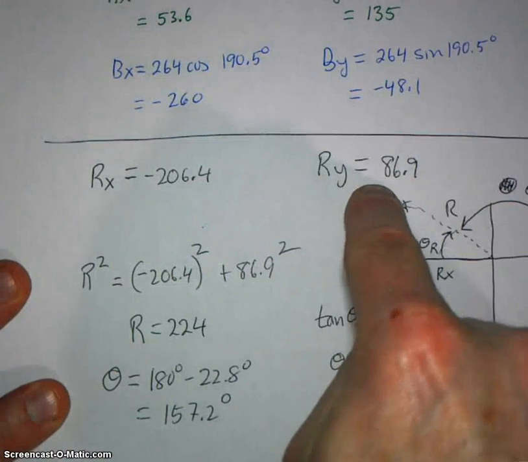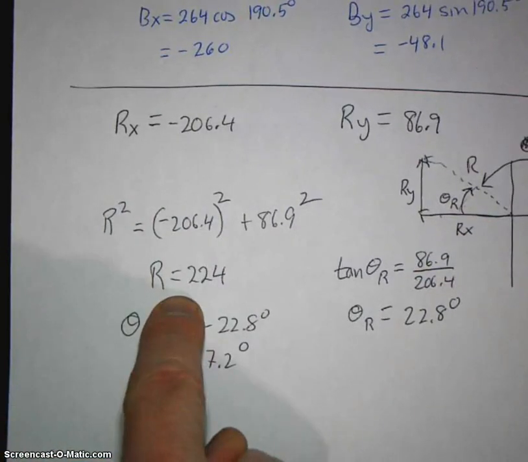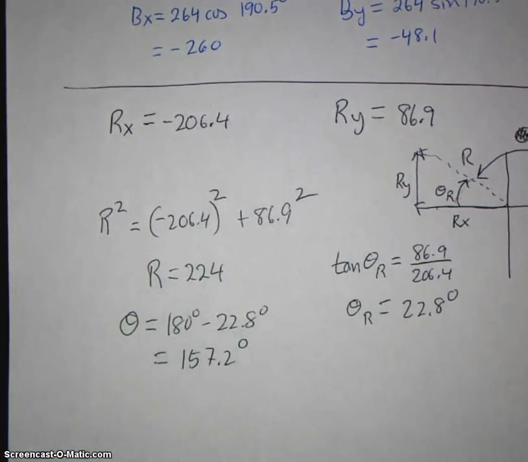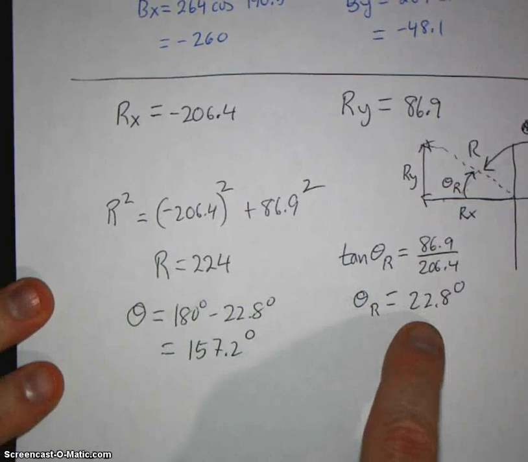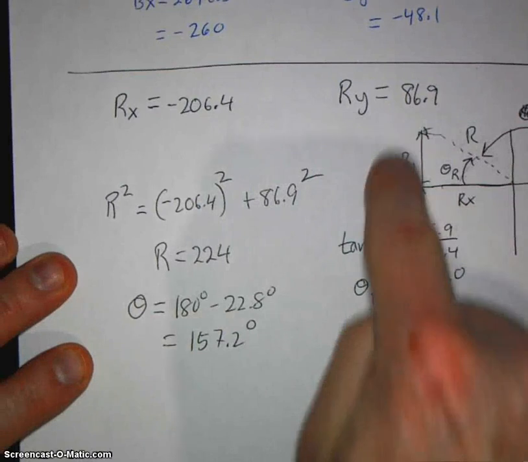Then you add them. That's pretty easy. Pythagorean theorem. That should be pretty easy. And then the last thing is recognizing that you've got tangent. And so you recognize which quadrant you're in, you get your reference angle, get your final answer. Now, truthfully, I didn't really need to draw this picture.